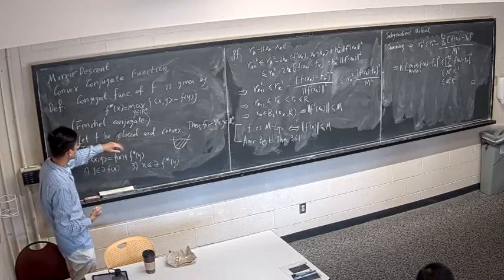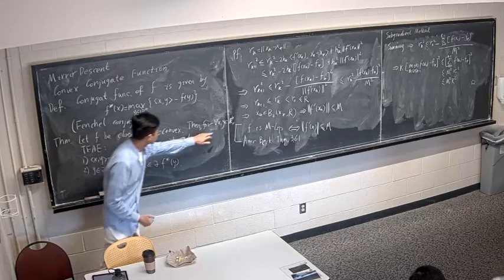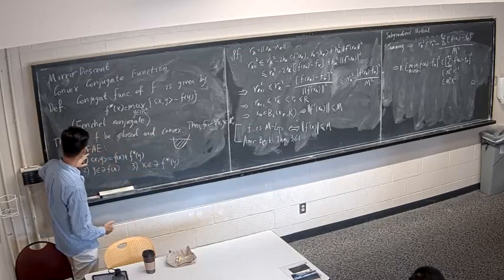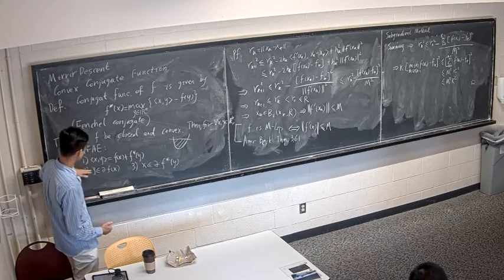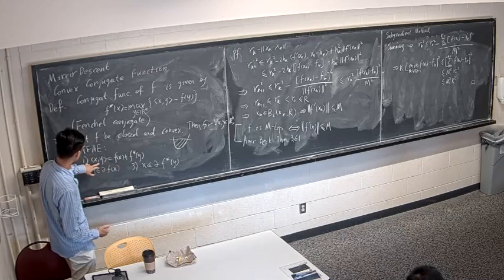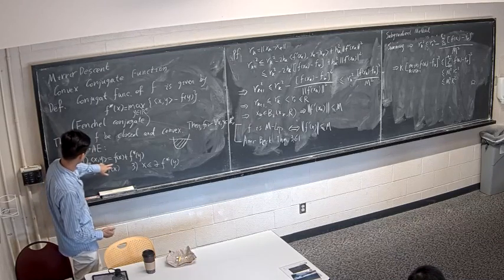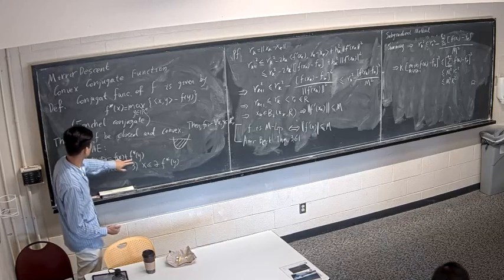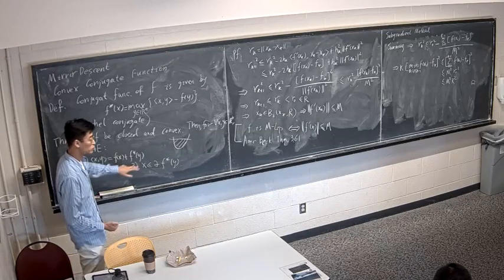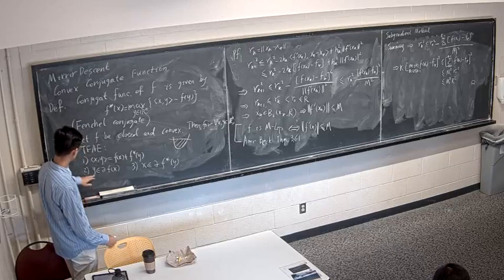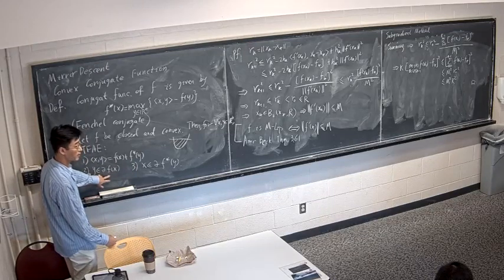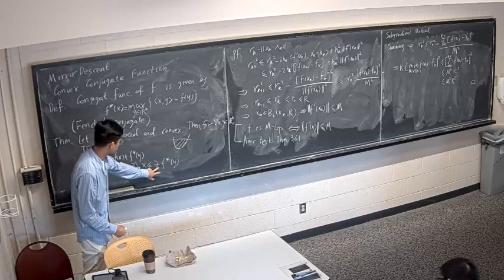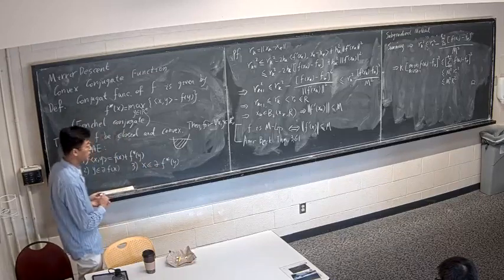Suppose f is a closed convex function, then for any two points x and y, TFAE, meaning the following are equivalent. So the three statements are equivalent. The inner product of x and y is the same as the sum of the two functions, f and its conjugate. It's equivalent to either of the two. y is in the subdifferential of f, x is in the subdifferential of the conjugate of y.